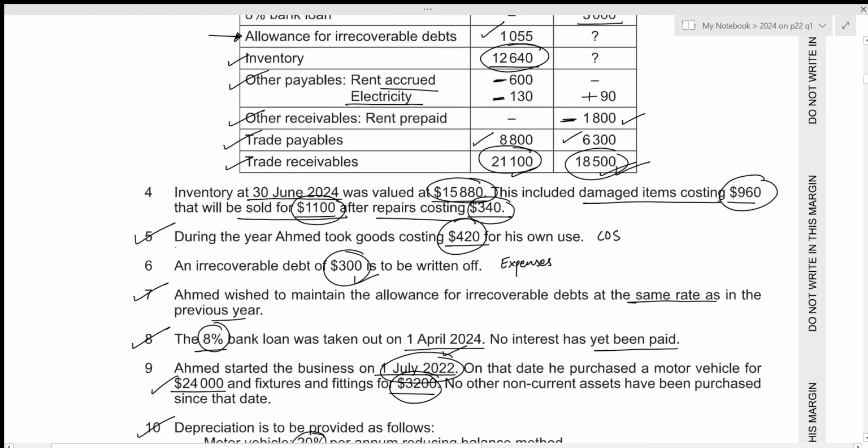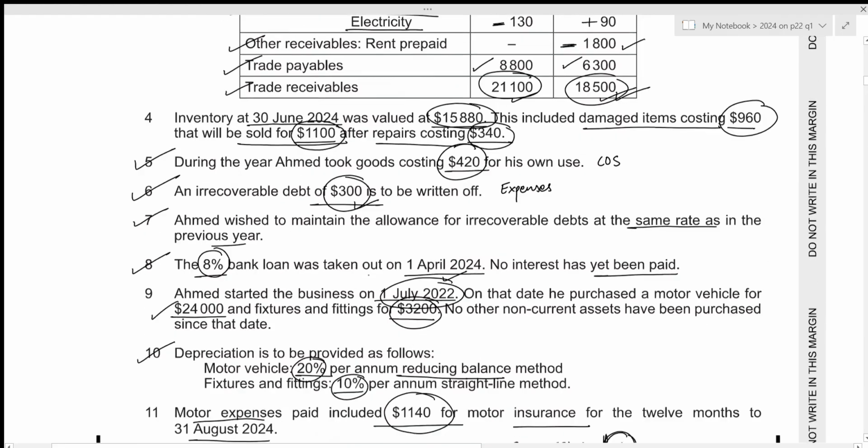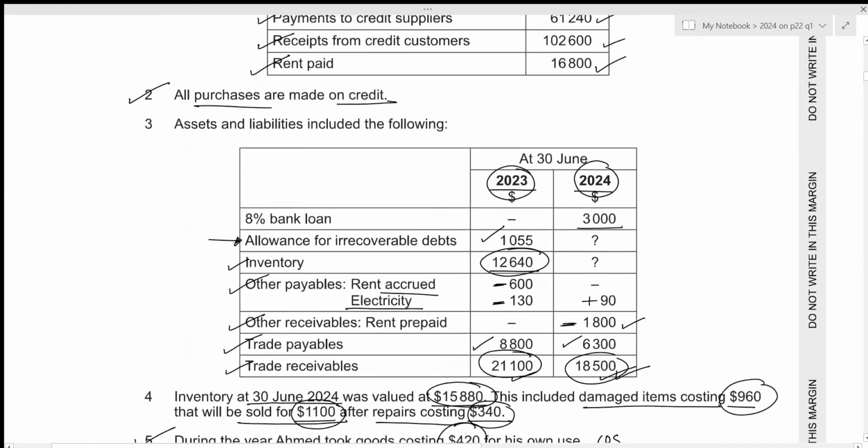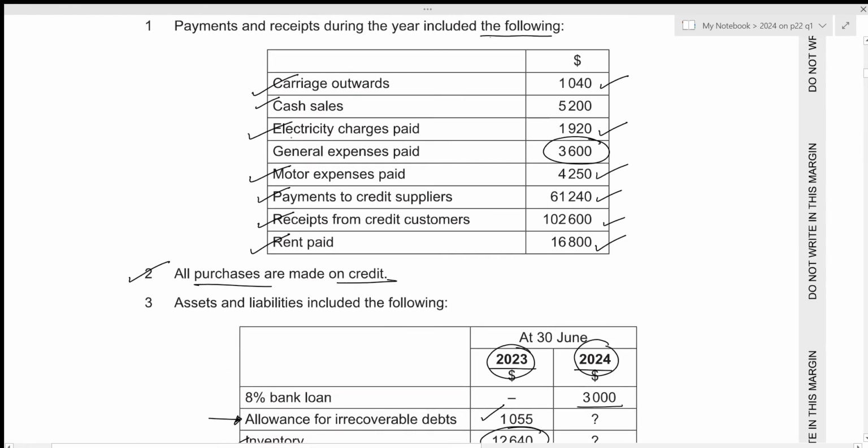Then we also have the irrecoverable debt of 300. And we have the general expenses of 3,600.